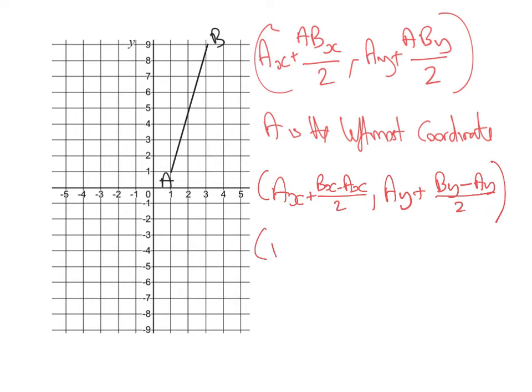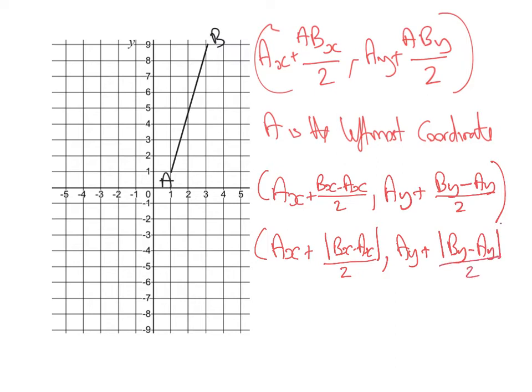It should never be negative, because lengths don't have a negative value. So we can use a modulus function, which looks like those two lines. What it's basically saying is, whatever the value of the calculation inside those two lines, if there's a negative on it, discard it. Similarly with the Y, we want the modulus of the difference, which looks like that. And that's how you can work them out.